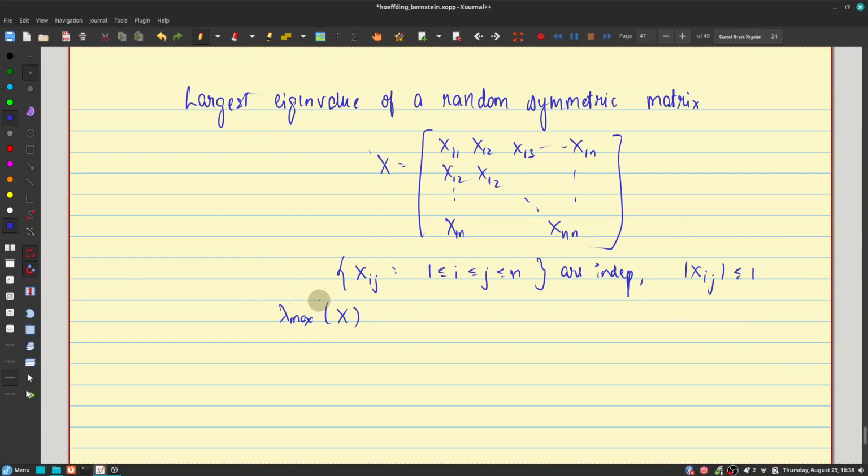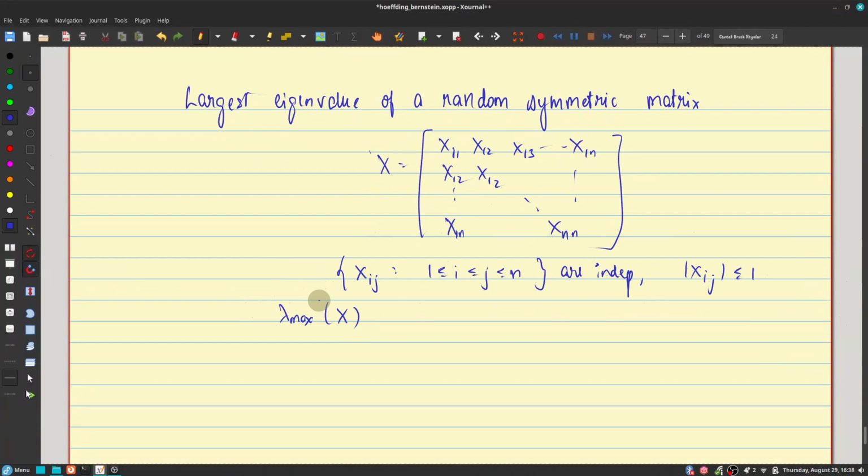And smallest, sure, but they can also be negative, remember. Can you construct a matrix with largest eigenvalue equal to minus n? What would be the largest eigenvalue in that case? That would be 0.